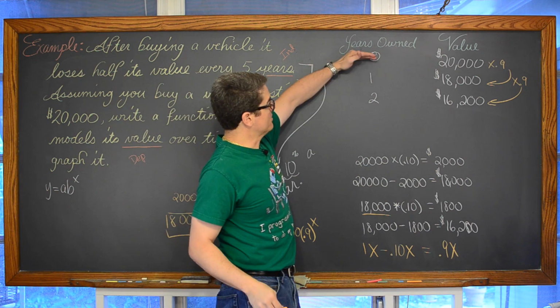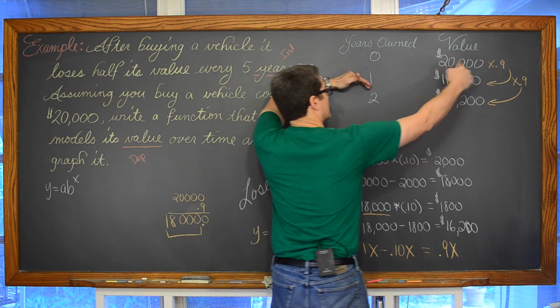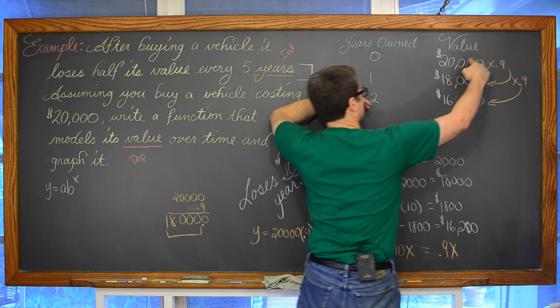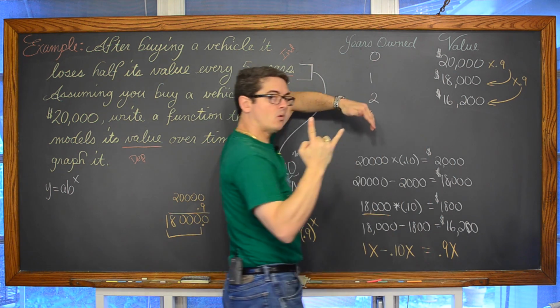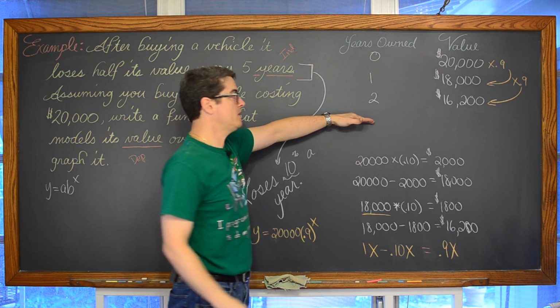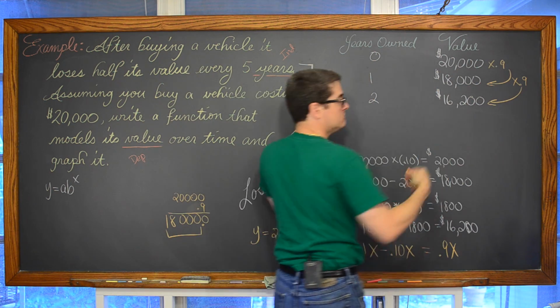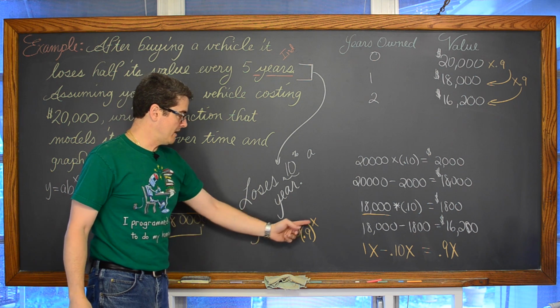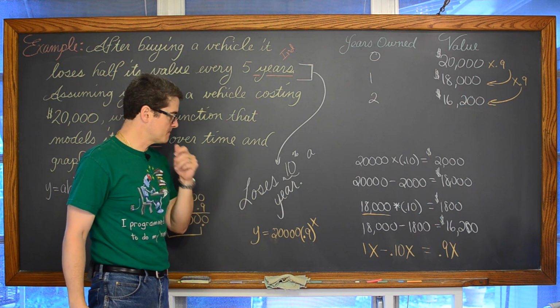To get to year 1, we multiply by 0.9 once. To get to year 2 from the initial value, we multiply by 0.9 twice. And for the value of the vehicle in 3 years, we'd multiply by 0.9 three times. So y is the value of the car, and x is the number of years.